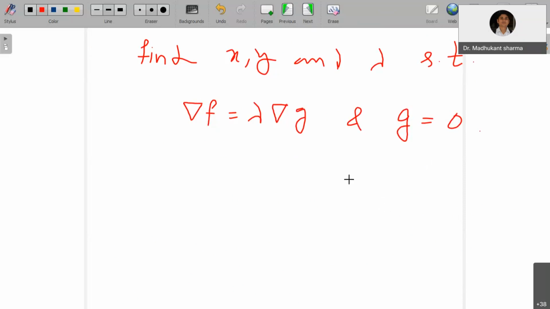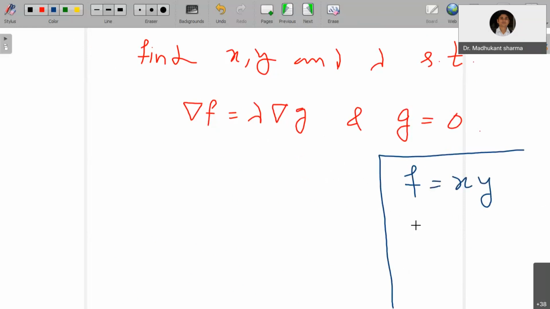So this is the method of Lagrange multiplier. Now, I'm writing here f equals x into y, abusing notation, and g equals x square by 8 plus y square by 2 minus 1. So now you can fill this in. So grad f is what?